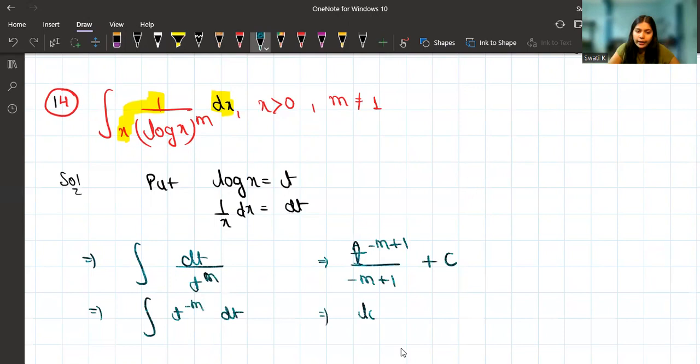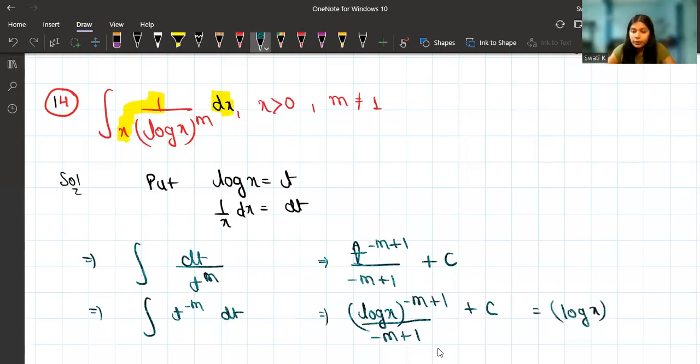So (log x) raised to minus m plus 1 upon minus m plus 1 plus c. That is the answer. If you want, you can also write this as (log x) raised to 1 minus m, upon 1 minus m, plus c. We are done with the solution.